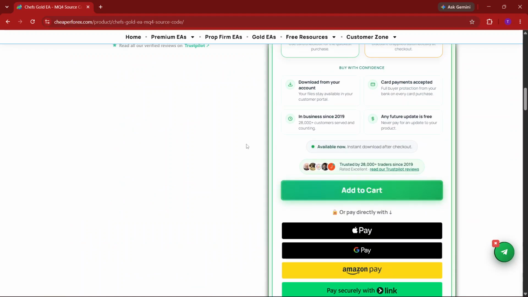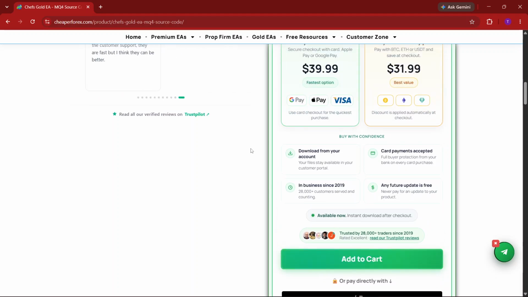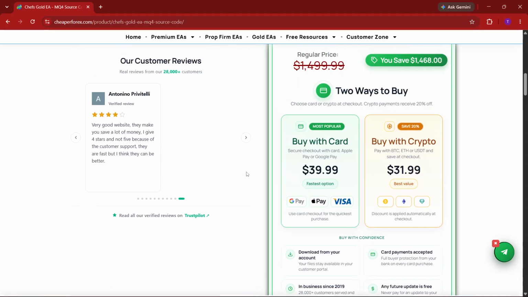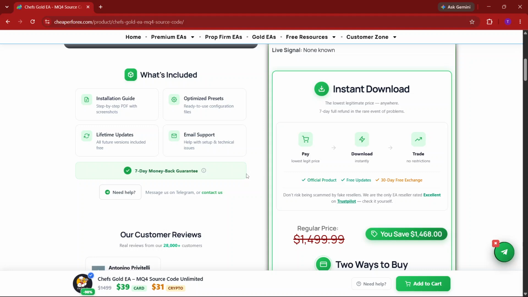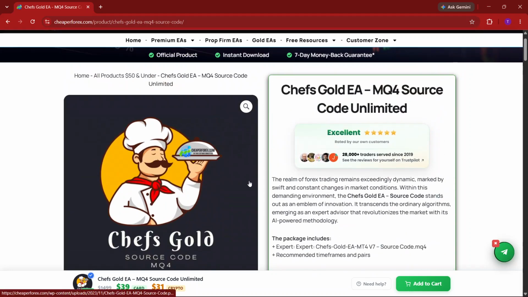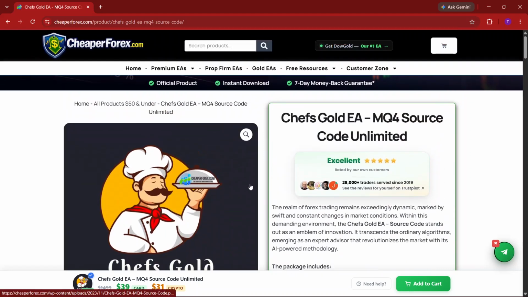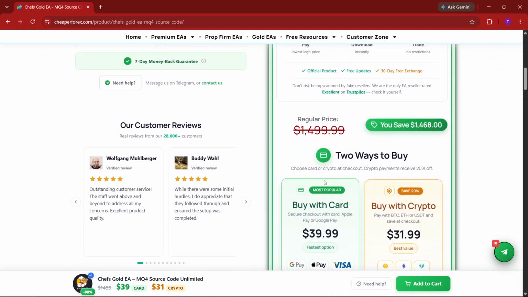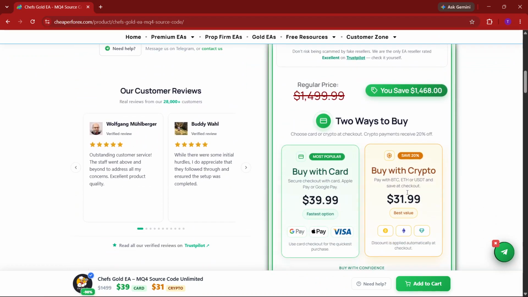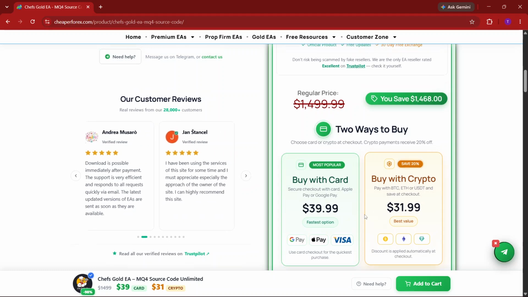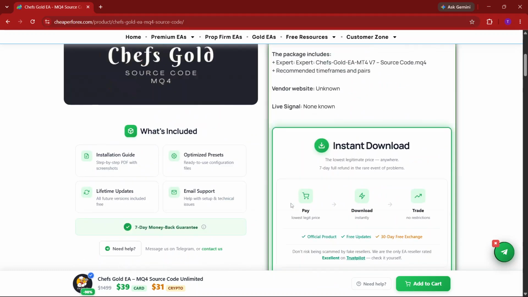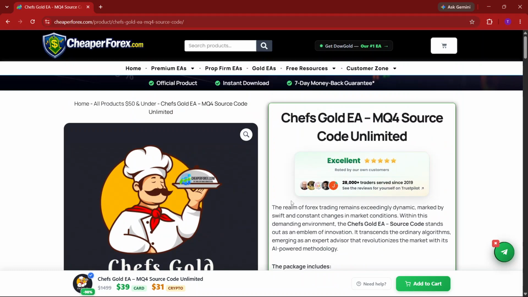Now, who is this actually for? Traders who already understand gold's personality, are comfortable monitoring their accounts regularly, and are willing to treat the compounding as optional rather than the main attraction. If you also have $40 or $32 to spend on an EA, it might be for you.